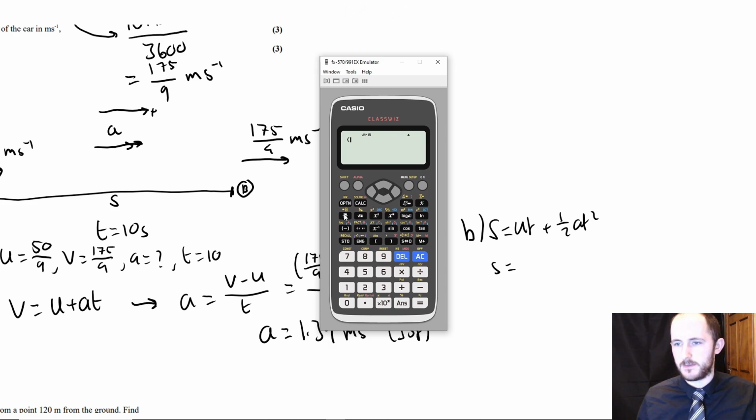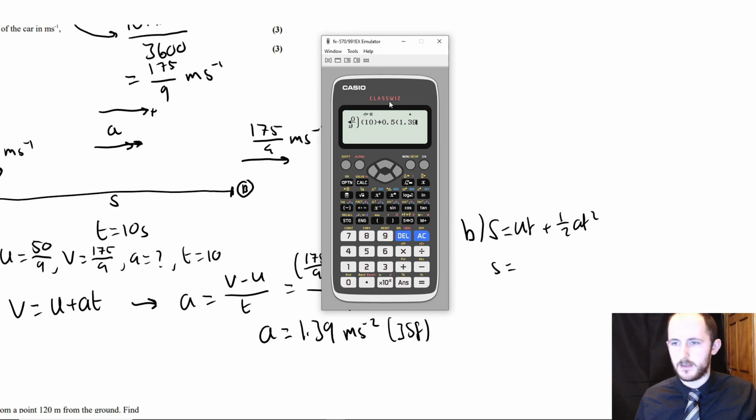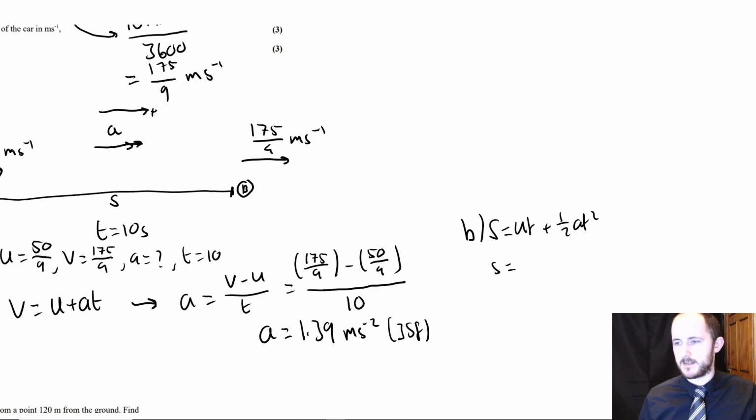So we have u, which is 50/9, t, which is 10, ut plus half, a, which is 1.39, t squared, which is 10 squared. We get 125 meters, and again, that's to 3 significant figures. Not too bad.